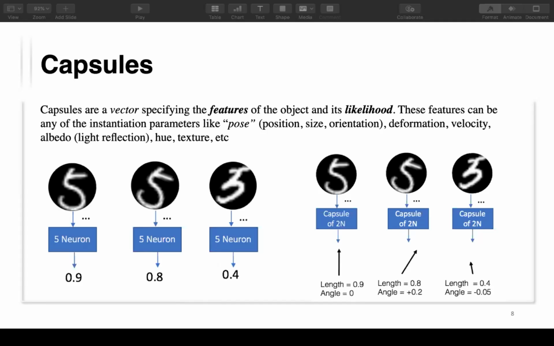The size is fixed. Okay, so what is the difference between the capsule and a neural layer? We are talking about the specific neuron, but not the neuron layer. So is it possible to replace the capsule with a neural layer?